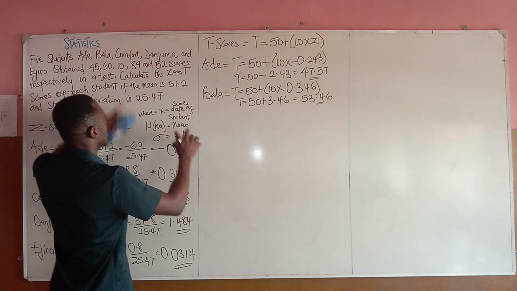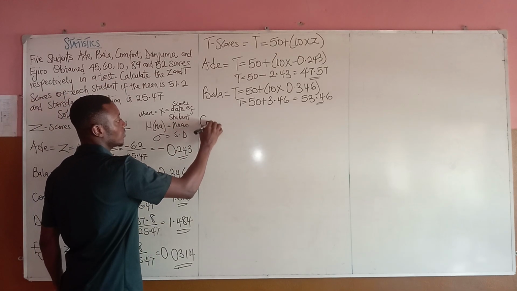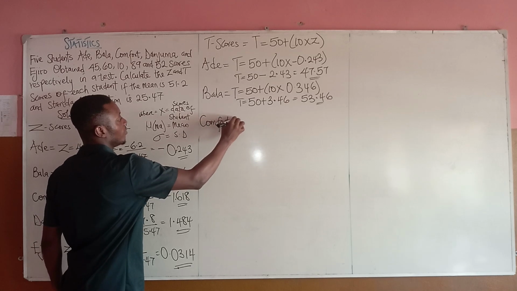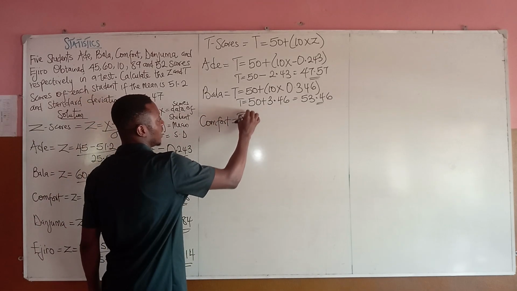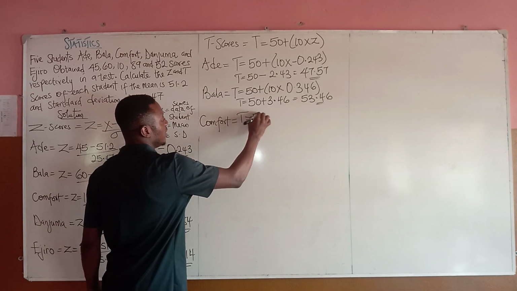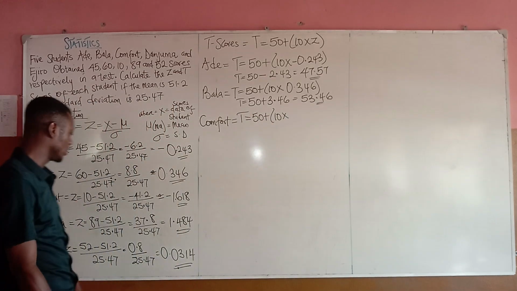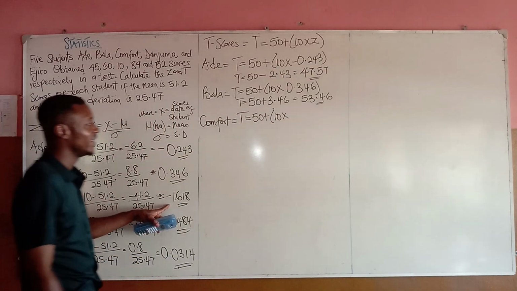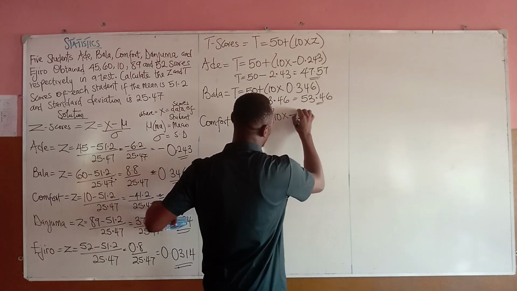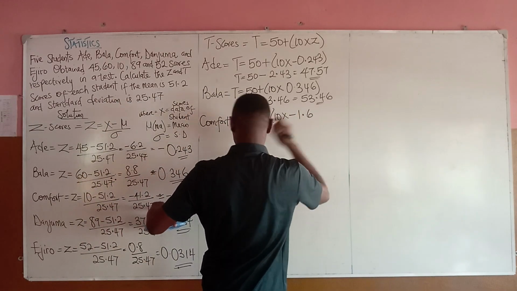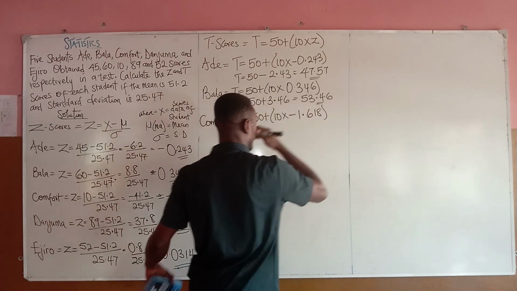Then after Bala, the next student is Comfort. Our formula, T equals 50 plus open brackets 10 multiplied by Comfort's Z score. Comfort got a negative 1.618.